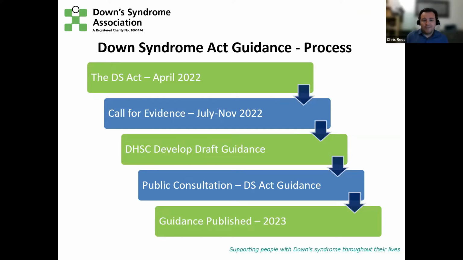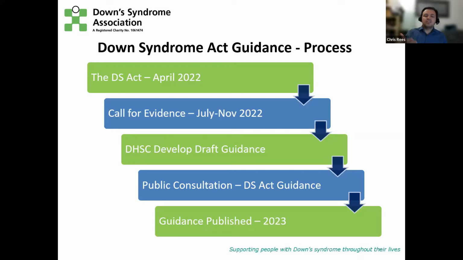There are no timelines beyond the call for evidence, because it depends on what else is happening in government and how much information the DHSC have to go through. The other complication is that because it covers health, education and housing, there will be liaising with other government departments, which might add more time in terms of drafting.